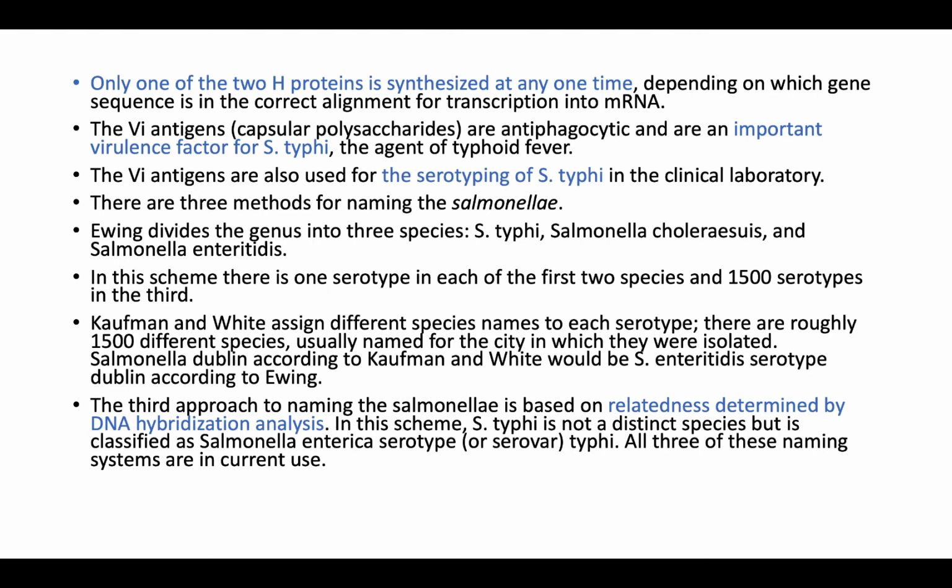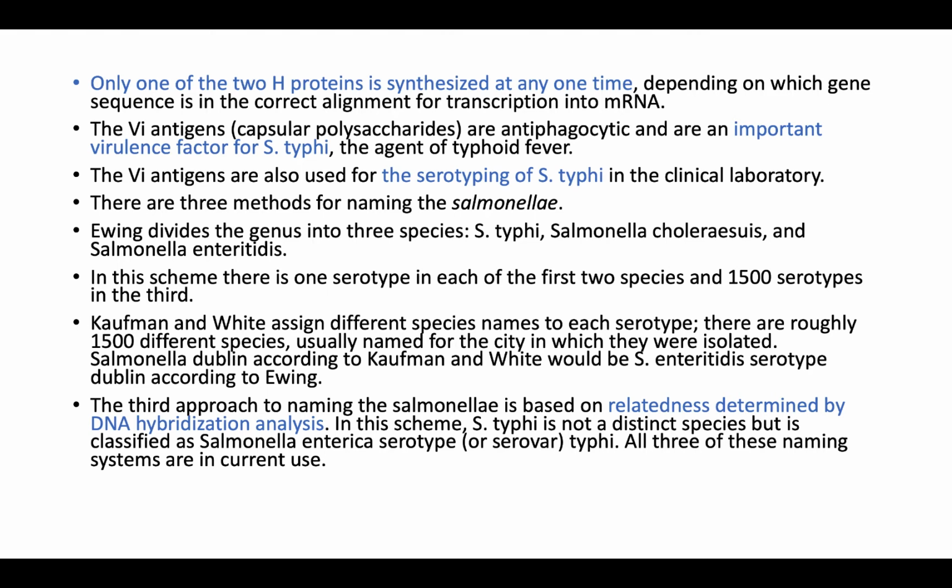So هلا السالمونيلا لهم كتير أنواع. So Ewing divides this genus into 3 species: Salmonella typhi, Salmonella choleraesuis, and Salmonella enteritidis. هلا choleraesuis و enteritidis, in other formulations they call them different names.